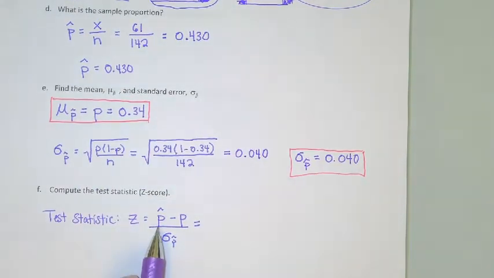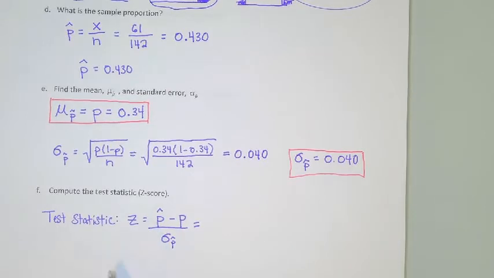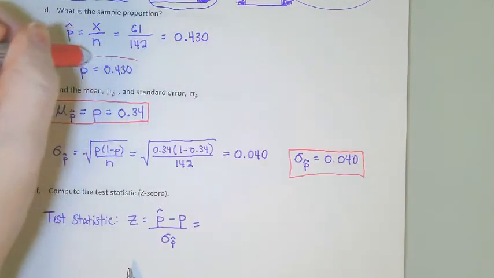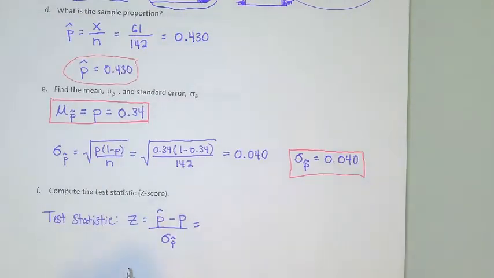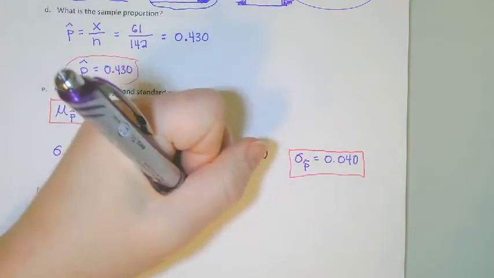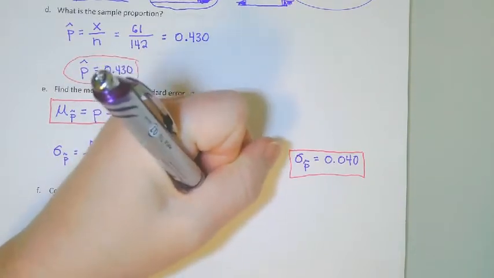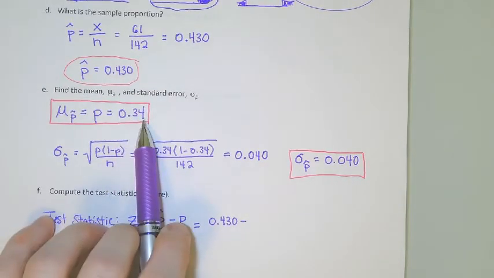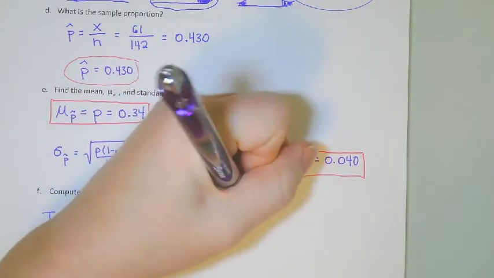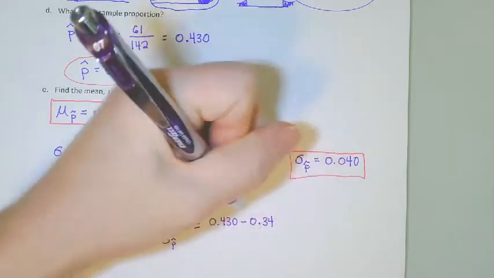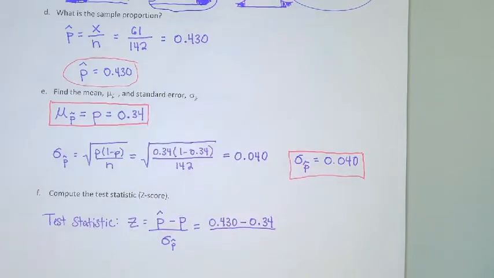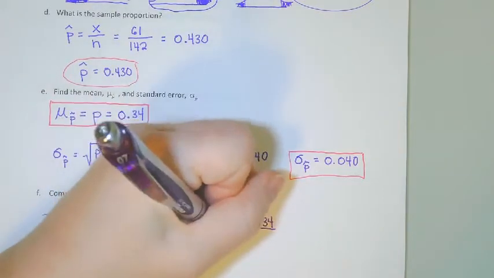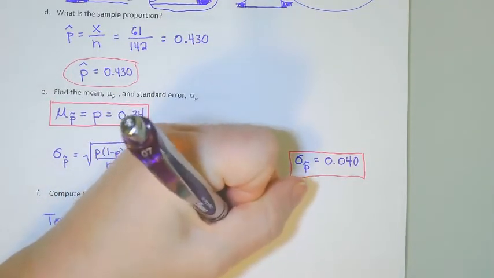So first, our sample proportion was 0.430. And from that, we'll subtract the population proportion, which was 0.34. And then we need to divide by our standard error, 0.040.